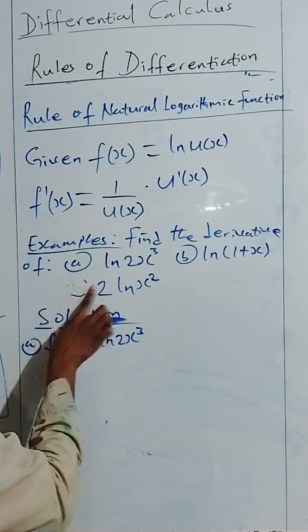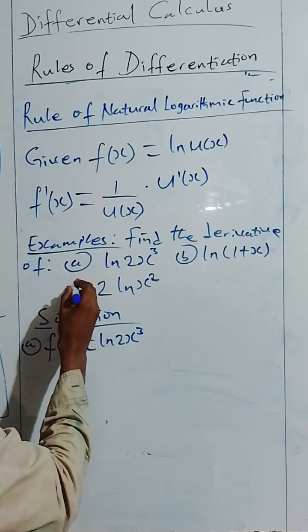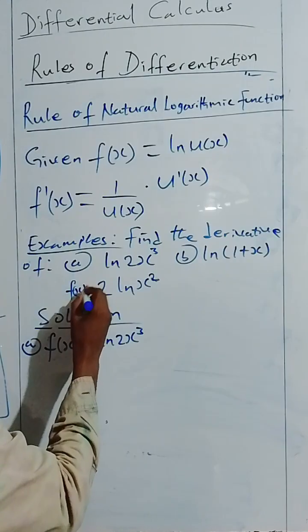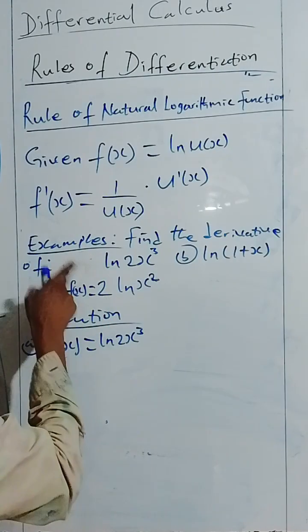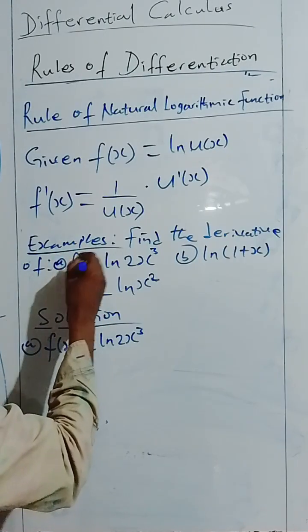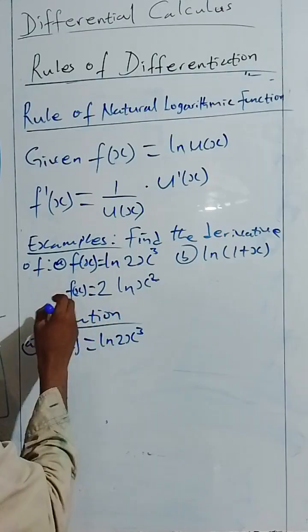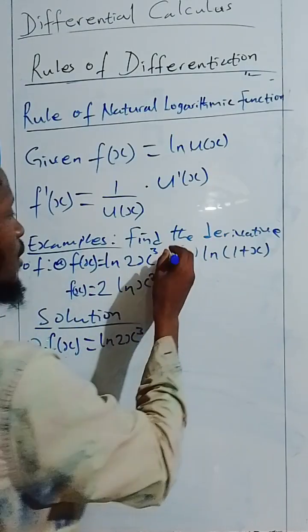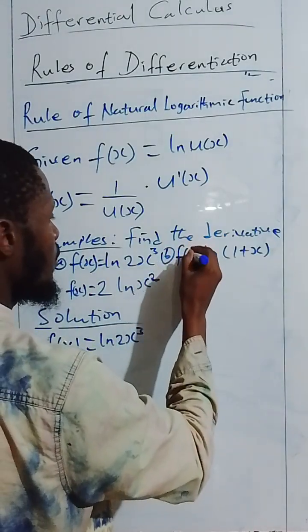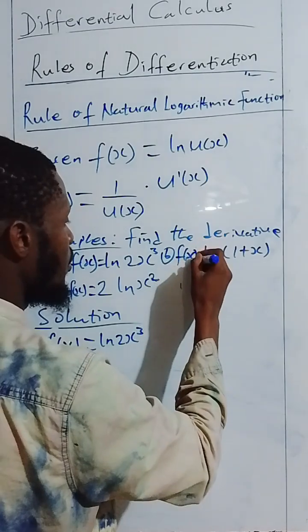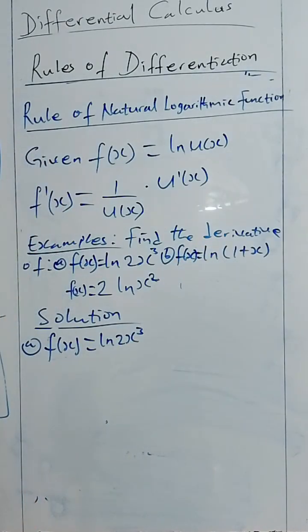Don't forget, let's put f of x there so that you avoid confusion. You can also put y if you like. And likewise for B, let's put f of x. It's not compulsory to put it, but we are just doing it to avoid confusion.